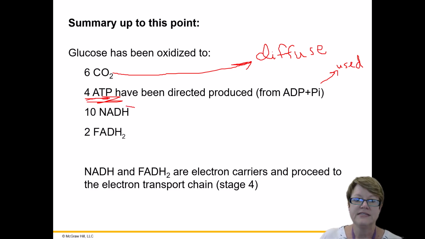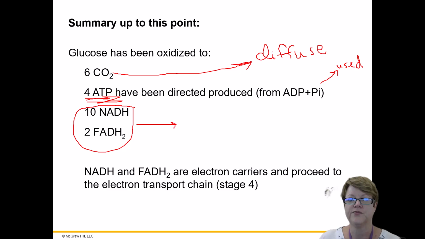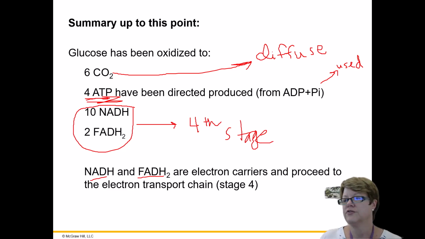But then it's these guys here that we're sort of left with when we think about the 4th part of cellular respiration. So the NADH and the FADH2 that we have made during the first 3 phases of respiration are the things that are going to go on to the 4th stage. And the 4th stage, if I can spell correctly, is called electron transport chain, chemiosmosis, oxidative phosphorylation.